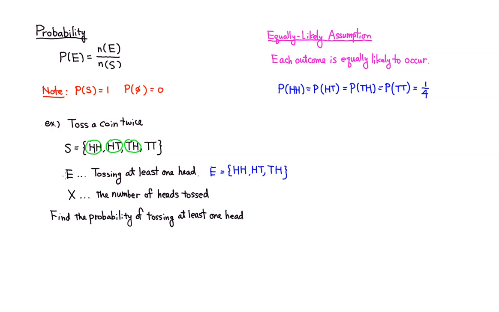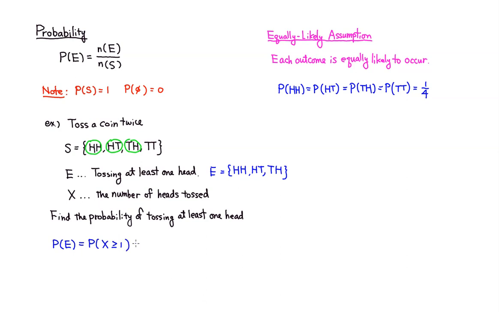If you're looking for, for example, the probability of tossing at least one head, that's the event E, so the probability of event E. We can describe the same probability using the random variable. X keeps track of the number of heads, so at least one head means X is greater than or equal to 1.